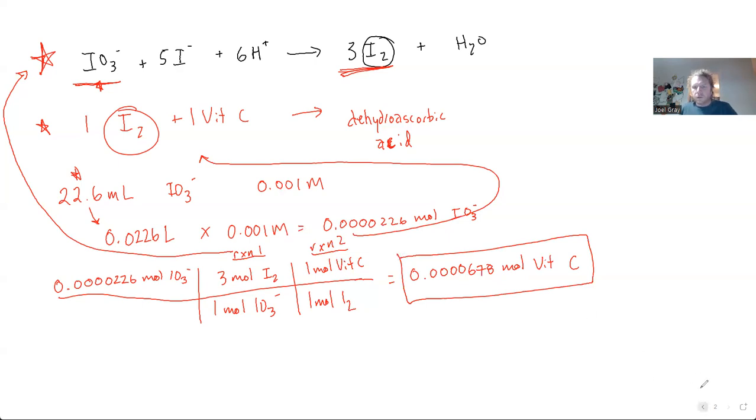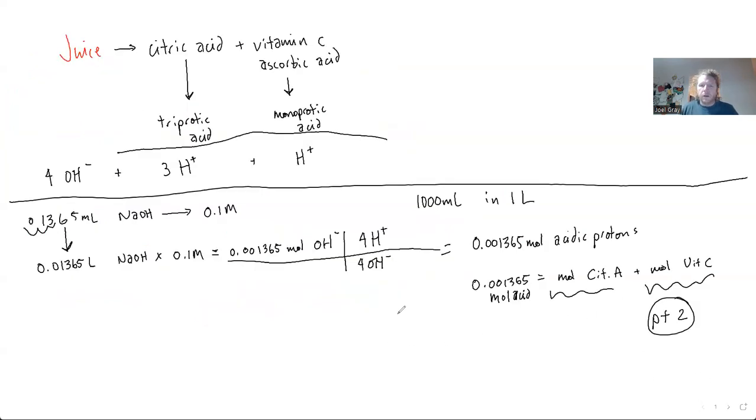Well, the use of it is we can come back here and say we know the total amount of acid, the combination of moles of citric acid and moles of vitamin C was 0.001365.